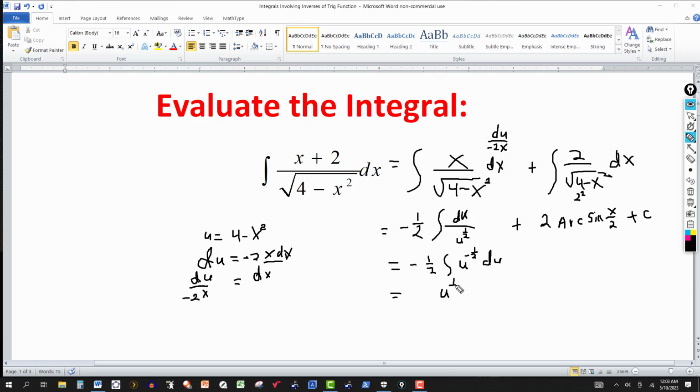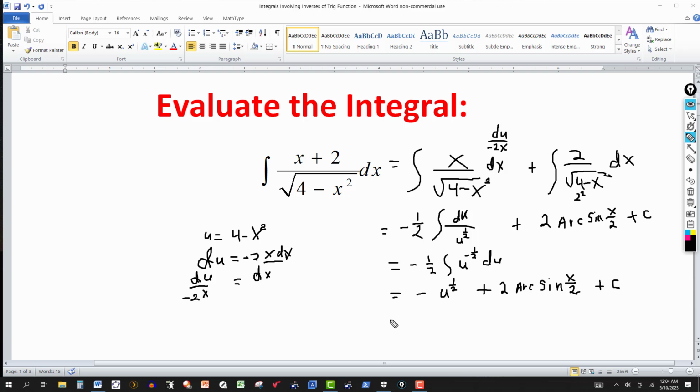Then you divide the coefficient by 1/2. Negative 1/2 divided by 1/2 is negative 1. And then we have the rest of it, plus 2 arcsine of x over 2, plus the constant of integration.